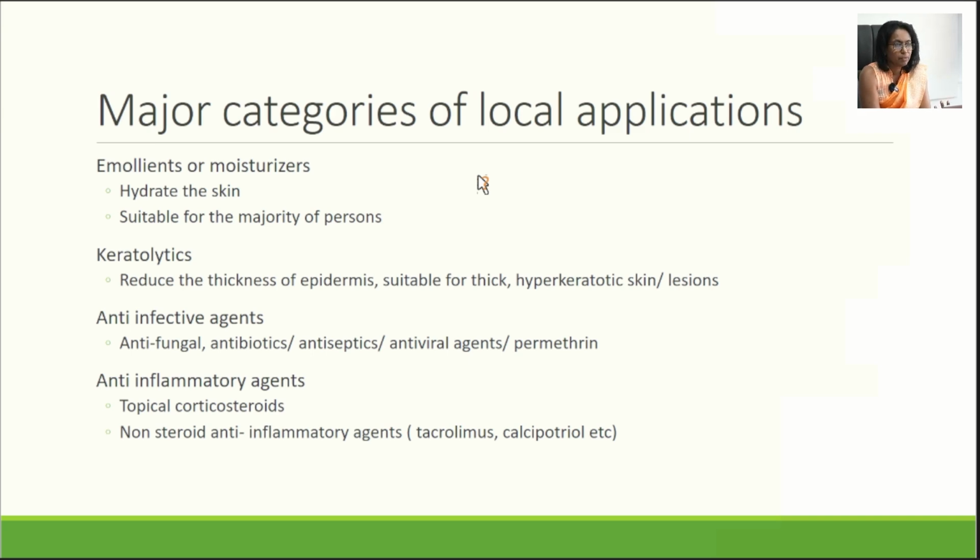And a fair percentage of persons in the country do have dry skin. And the major underlying factor for eczema and even psoriasis is the dry skin. So the mainstay of therapy in our management of both psoriasis and eczema is emollients.